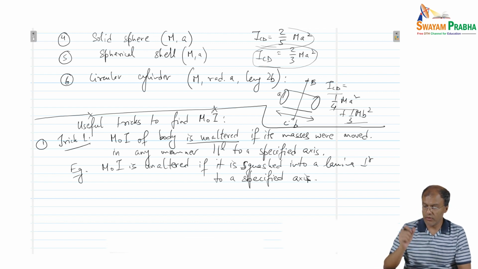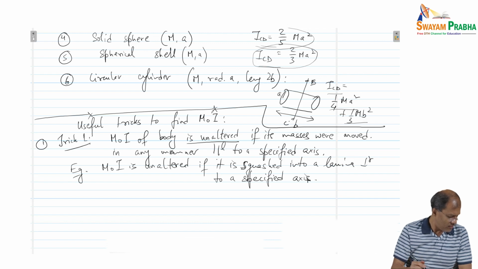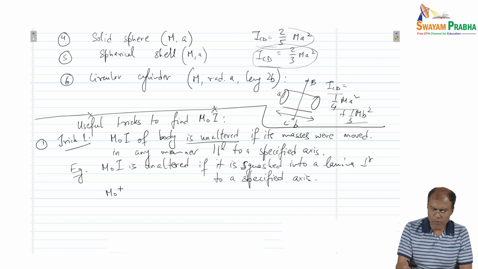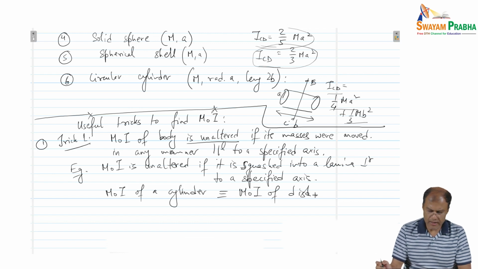So as I just said, the moment of inertia of a cylinder about the natural axis, the axis of symmetry, is identically equal to the moment of inertia of the disc about the same axis, about the axis of symmetry.